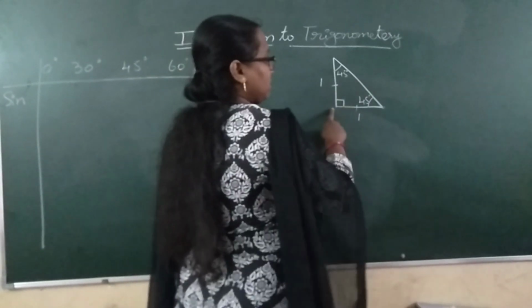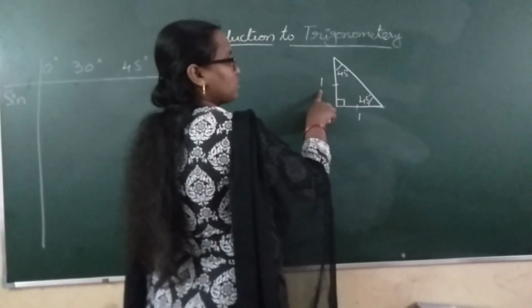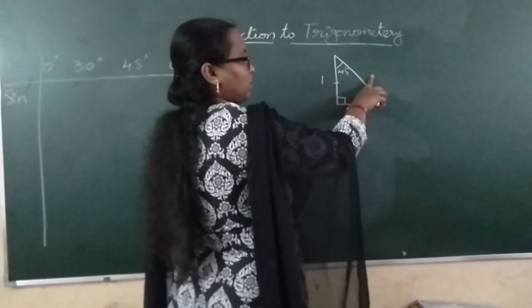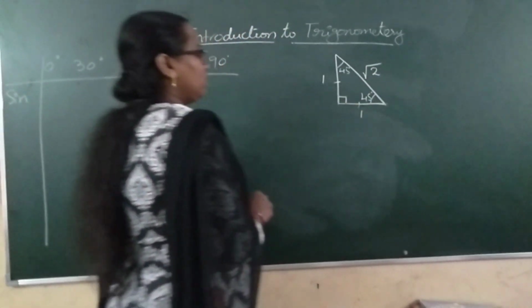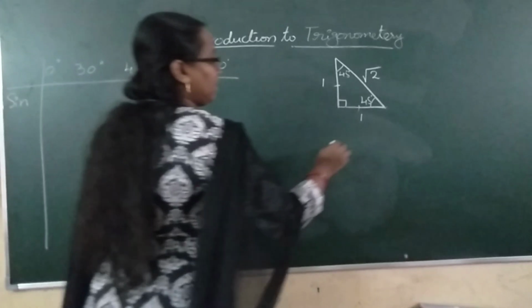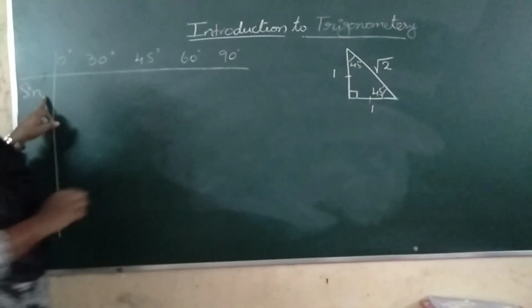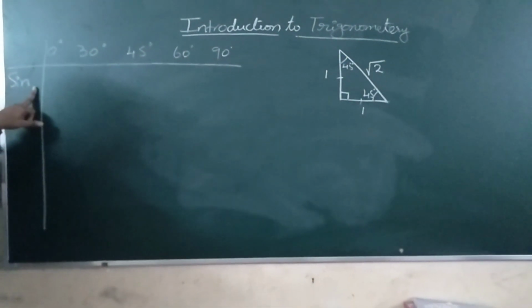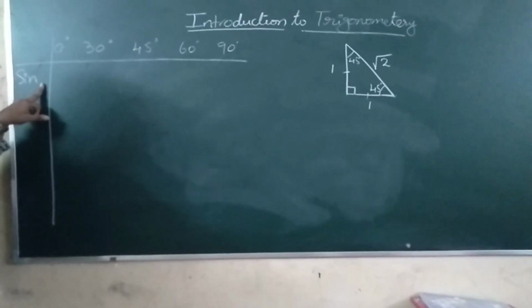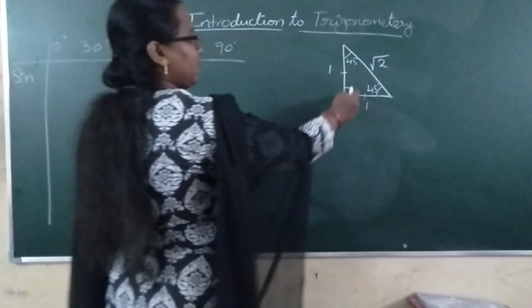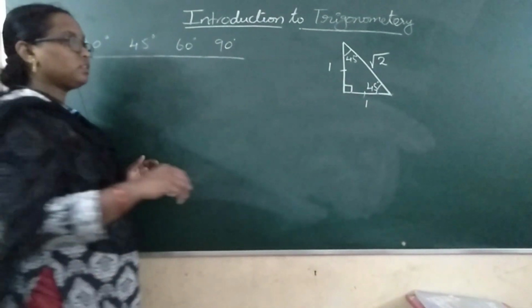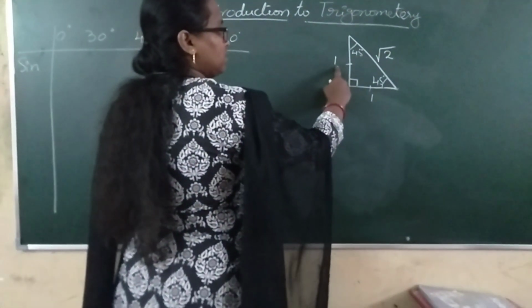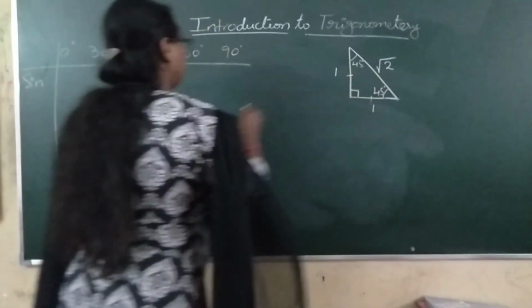According to Pythagoras, side square plus side square is nothing but hypotenuse square. So that is 1 square plus 1 square, root. Now if I take sine 45, what is the formula? Sine angle is opposite by hypotenuse. You can take this 45 or this 45, either is fine. So opposite 1 by hypotenuse root 2.